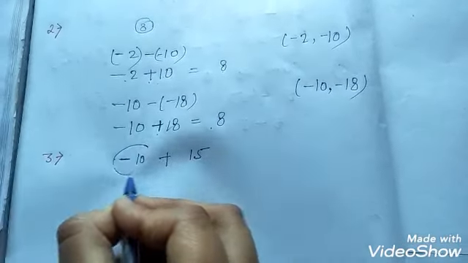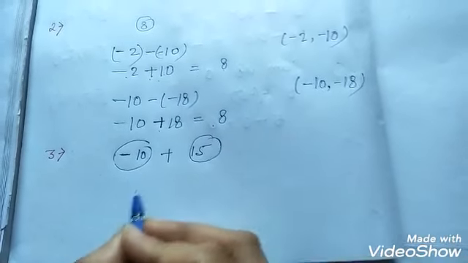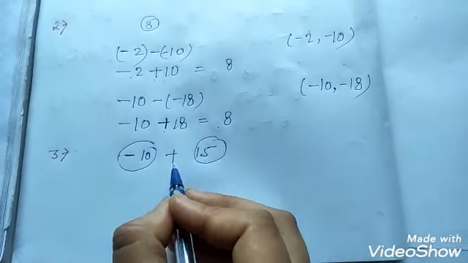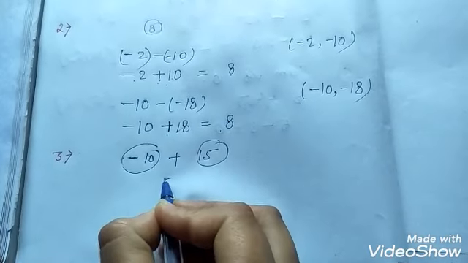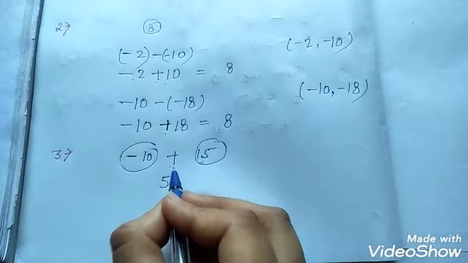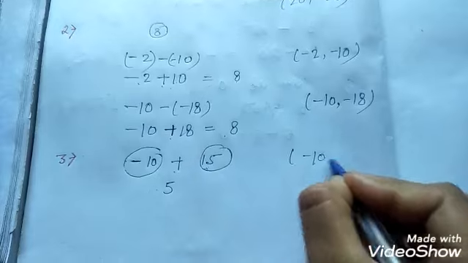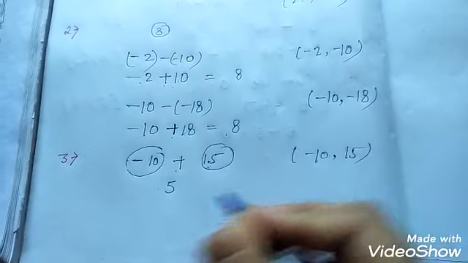Minus 10 is a negative integer and 15 is a positive integer. 15 minus 10 is 5, and 15 is a greater number and its sign is positive, so the answer will be positive. So one pair is minus 10 and 15.